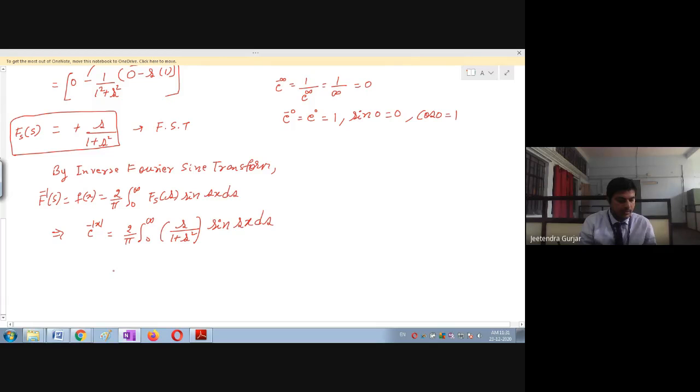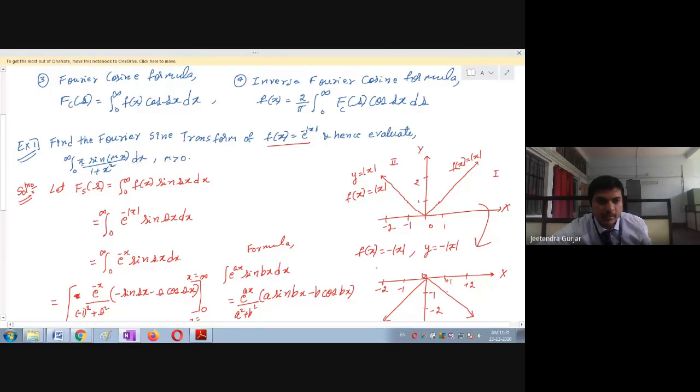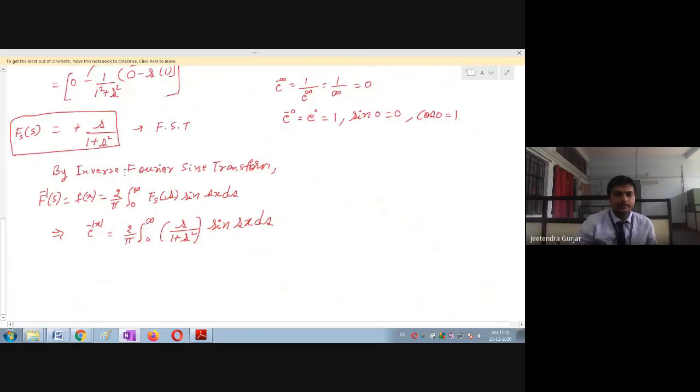Okay, students. Again, to solve this integral x sine mx divided by 1 plus x square dx, what I am going to do here is modify it and change s to x and x to m.